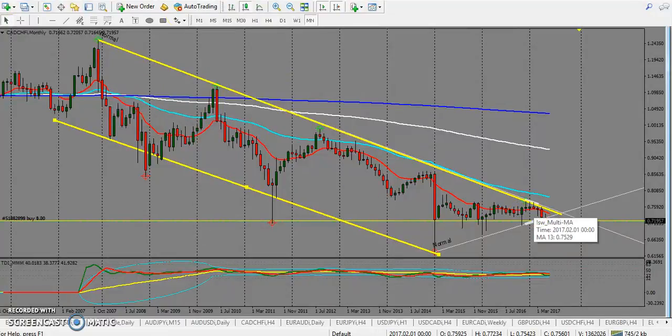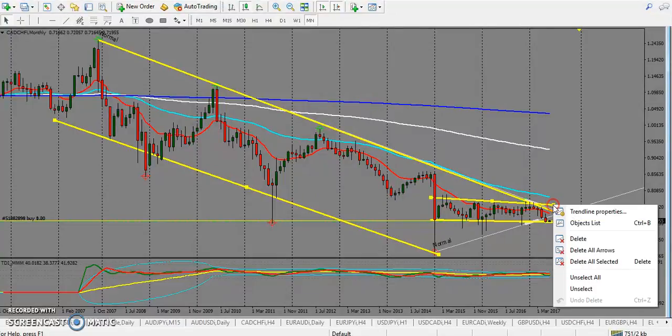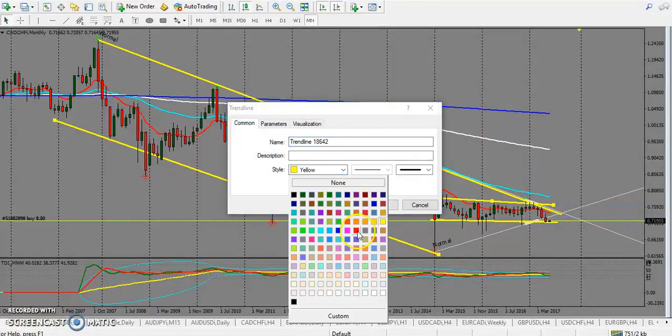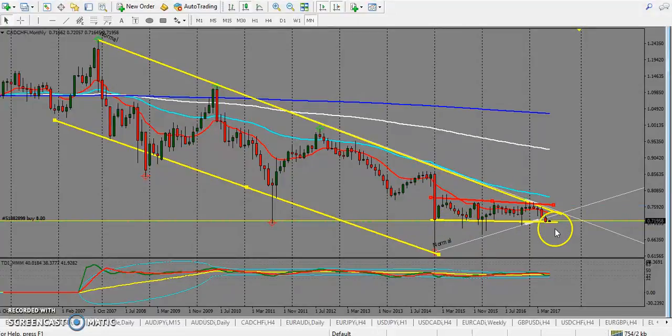And then we want to get to about here. What do you see? You see a channel within a trend. I'm just going to change the colors real quick, just to separate things a bit.